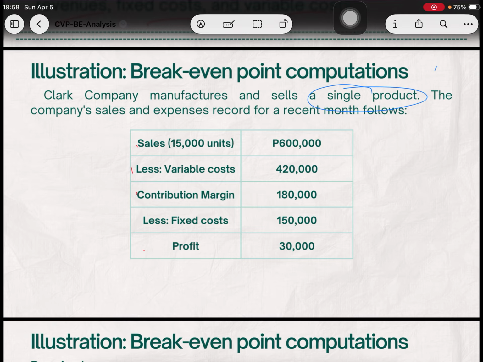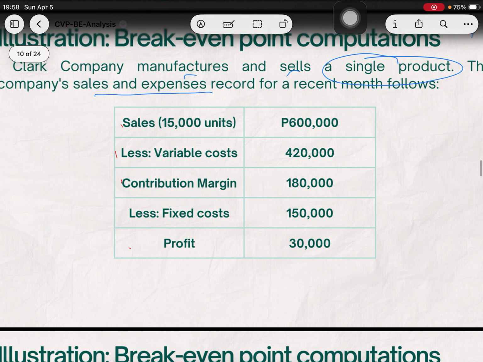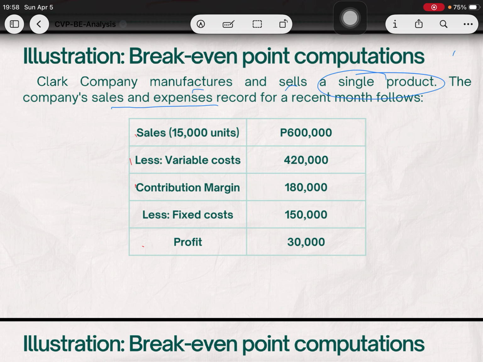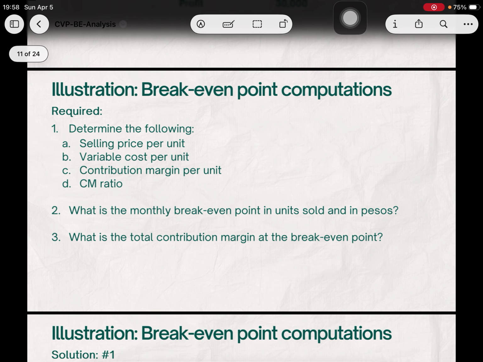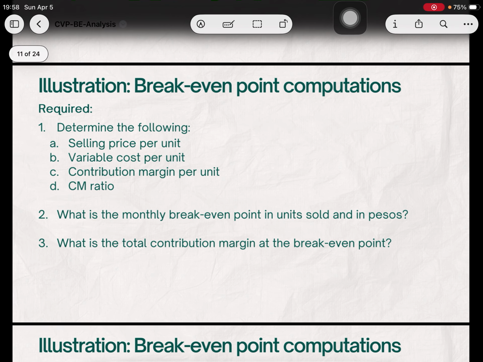Si Clark Company, it manufactures and sells a single product. The company's sales and expenses are the following. Okay, so ito yung mga information, so mahalaga lahat yan. And then, ito yung mga requirement. So, ito yung mga questions that need to be answered.